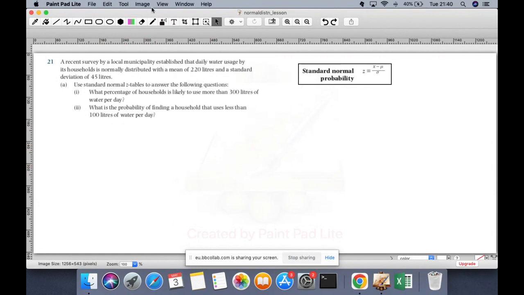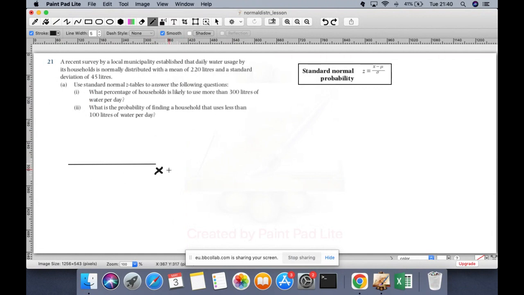Now it says it's normally distributed with a mean of 220 liters. So what it means is when something is normally distributed, let me draw a chart to give you an idea. Whatever that variable is, we can represent it on the x-axis, this horizontal axis, and in our case we'll call it x. What this x measures, if you look at the question, is the daily water usage by households.